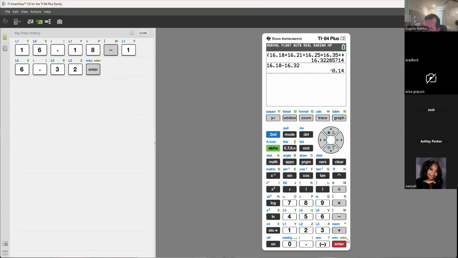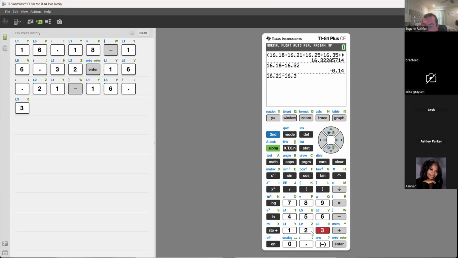And y'all, that gives us a negative 0.14. Next was 16.21 minus 16.32. That gives us a negative 0.11.